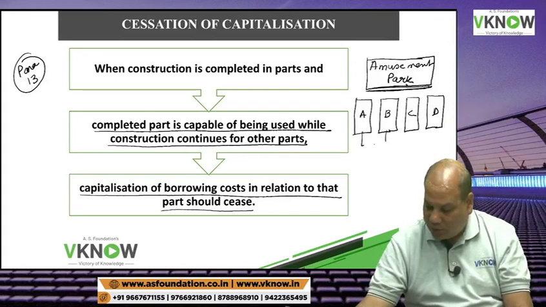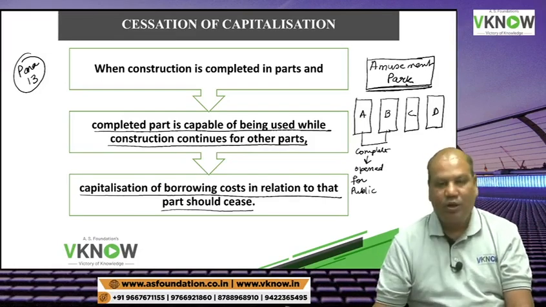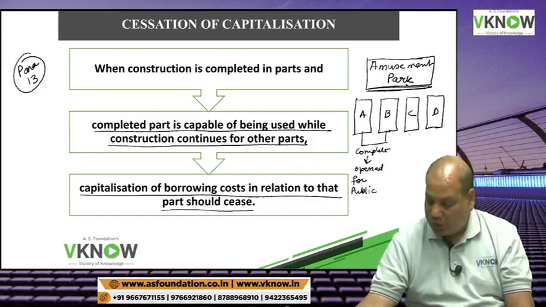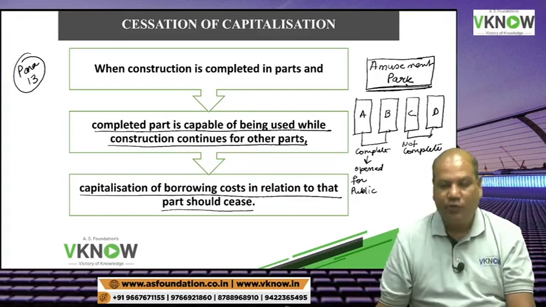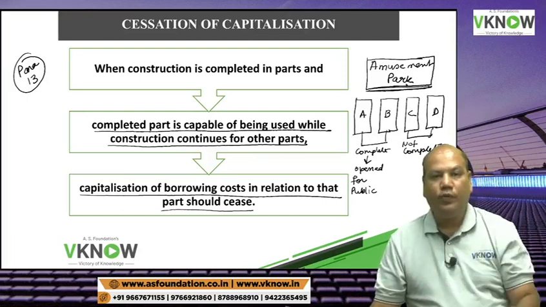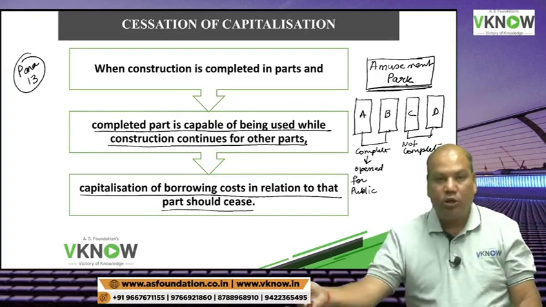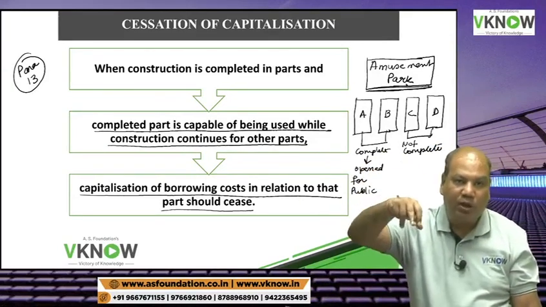Building A and B are complete, opened for public. Public can go, purchase the ticket, and enjoy the show. Building C and D not complete, not opened for public. Suppose you have taken a loan of 100 crore rupees for the whole amusement park.